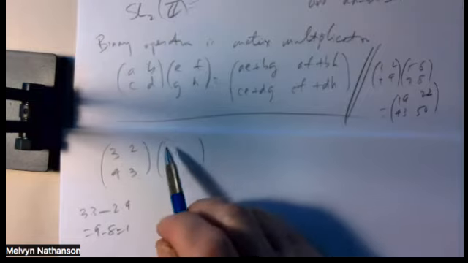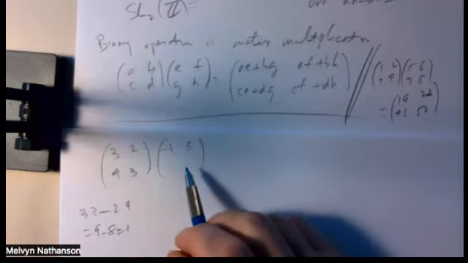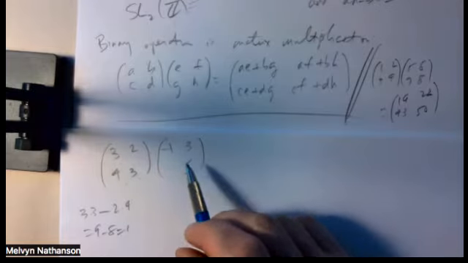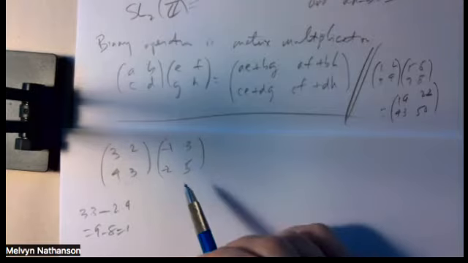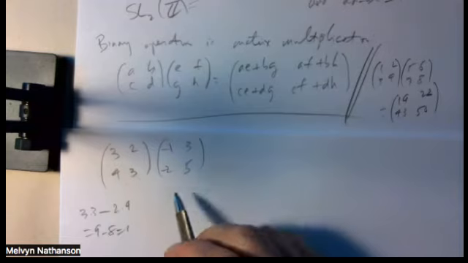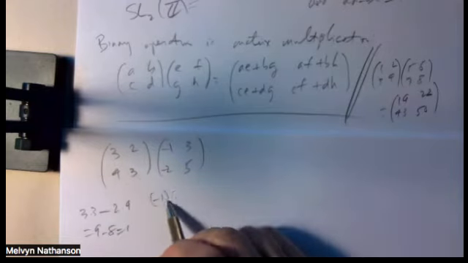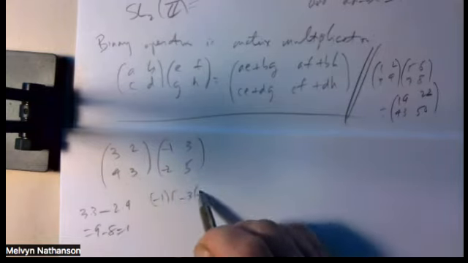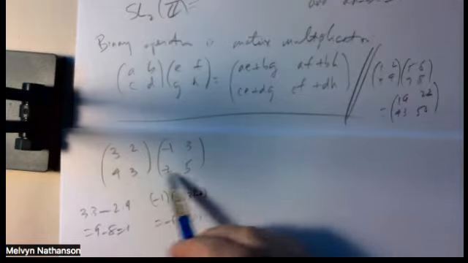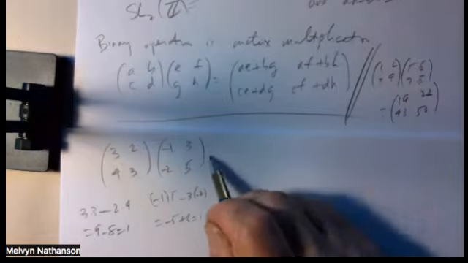And what about minus 1, 3, minus 2, 5? Here I get minus 5 plus 6, which is also 1. So both of these matrices have determinant 1.